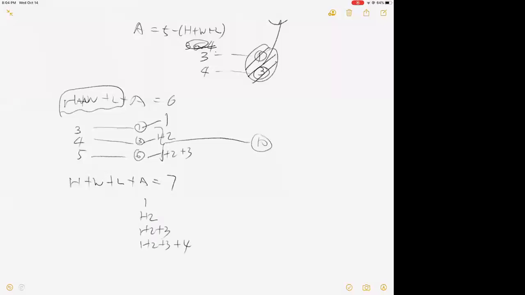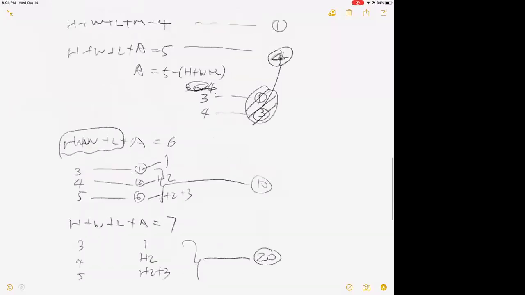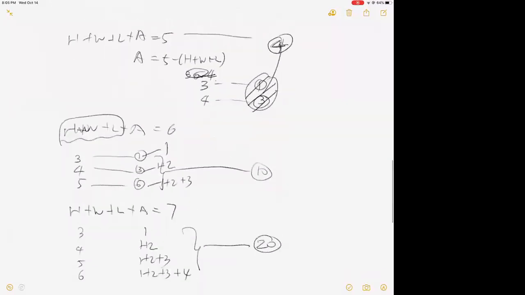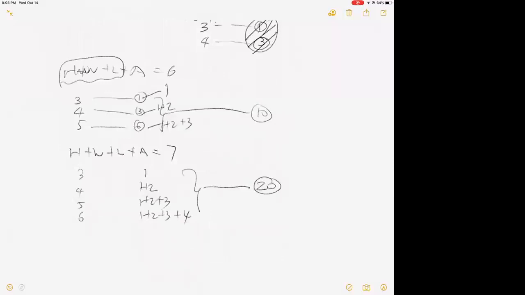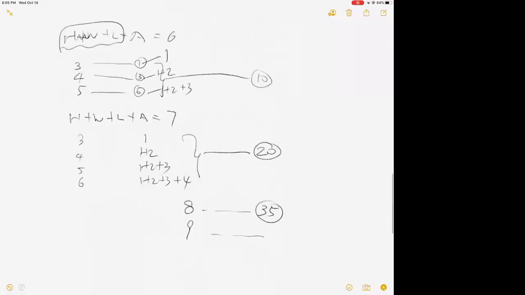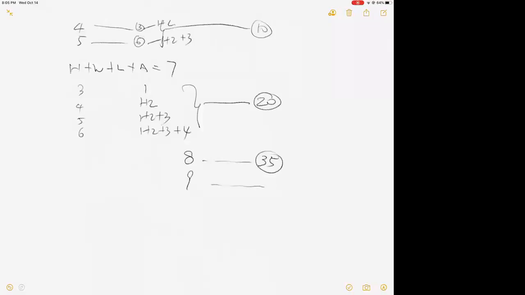So that's 3, 4, 5, 6, add up to 20. And you keep going. For 8 you have 35. For 9 you have 56.